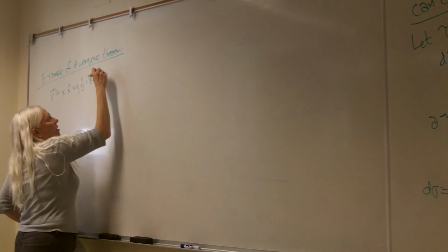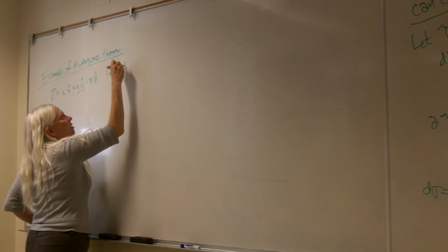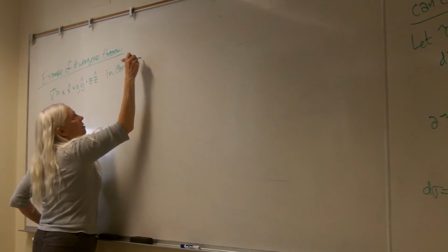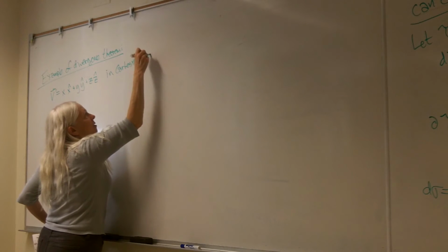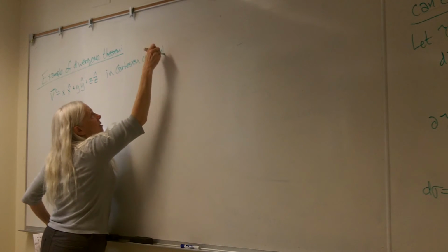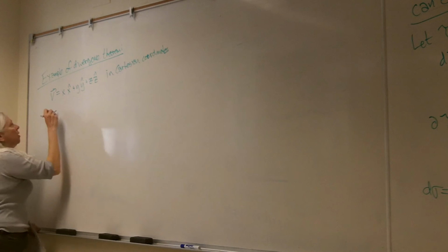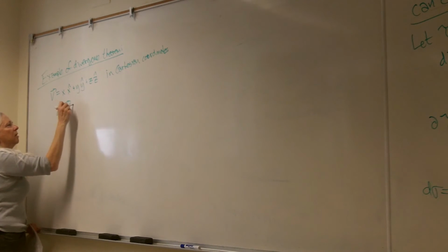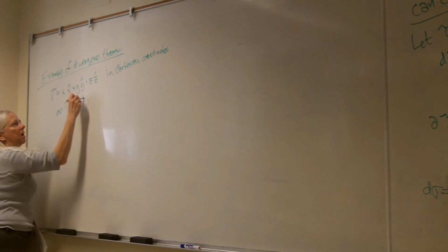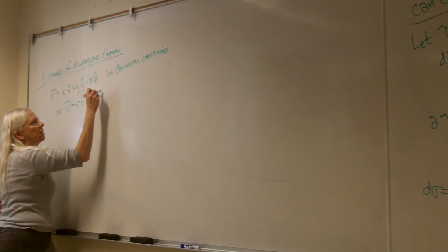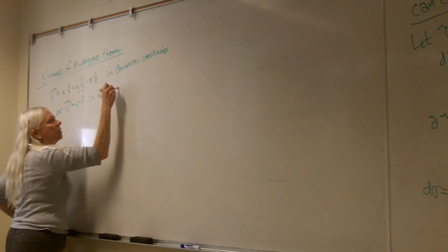We could either write it this way in Cartesian coordinates, or equivalently, we could write this as r times r hat in spherical coordinates. Same vector field either way.